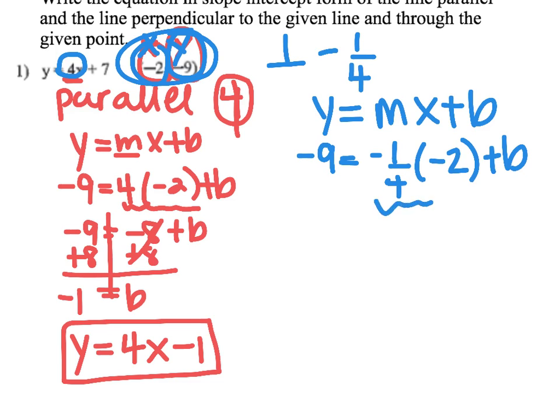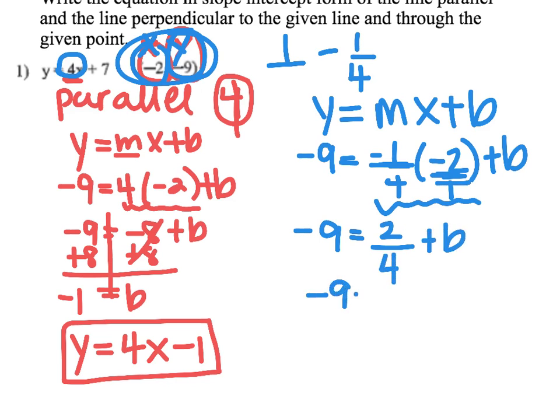Okay, so multiply this. If you multiply across the top, across the bottom, you'll get +2, -1 times -2 is +2, and then 4 times 1 is 4. Of course, that reduces to 1/2.